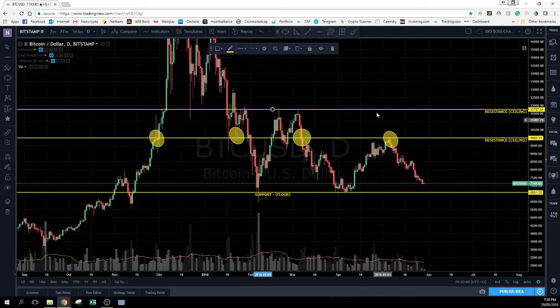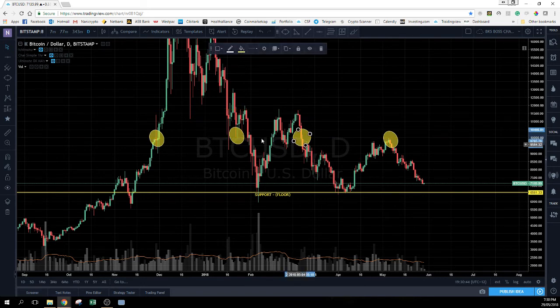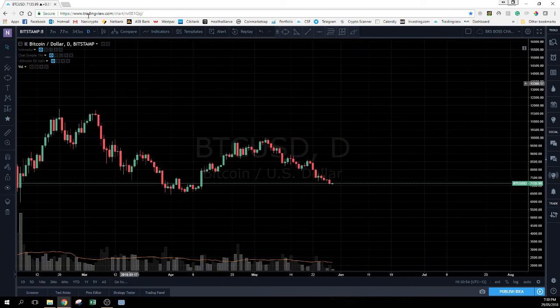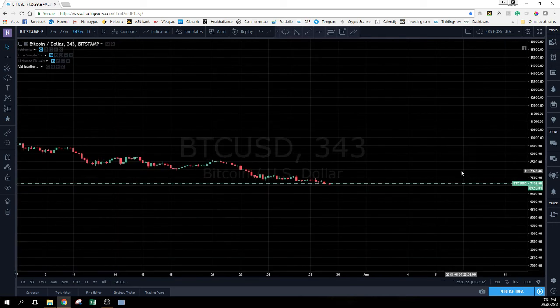Let's get rid of all these lines. I'm just going to draw a few more. Actually, we'll do one more example. And what I might do is bring it down to the 343.